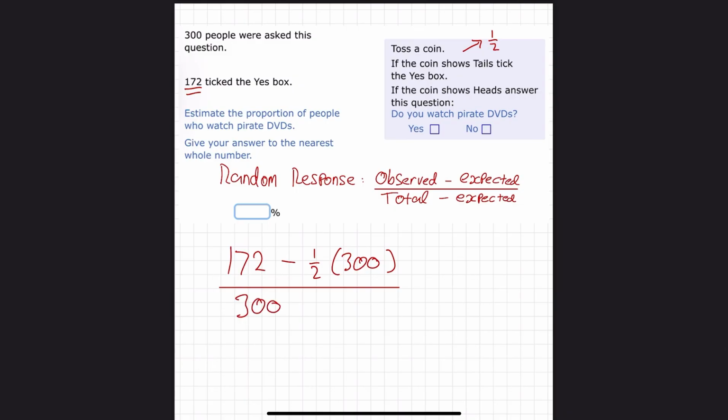And we want to get rid of the people who we just expected to tick yes because they landed on a tails. So that's going to be half of the 300. And that, straight away, will tell you your estimate. I'm just typing it into my calculator now. And that has given me 15%. So 15% of people watch pirated DVDs.